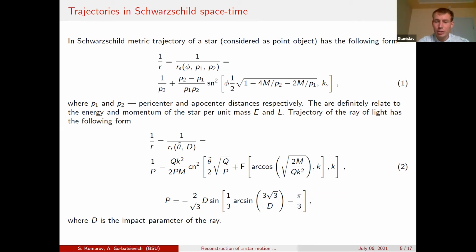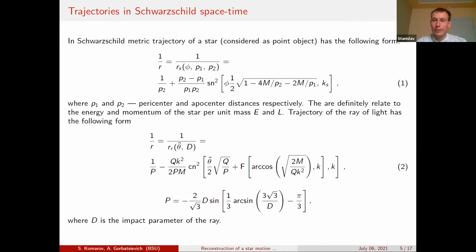These are the pericenter distance p1 and the apocenter distance p2. Alternatively, this function can be expressed through the mechanical energy of the point source and the angular momentum L.